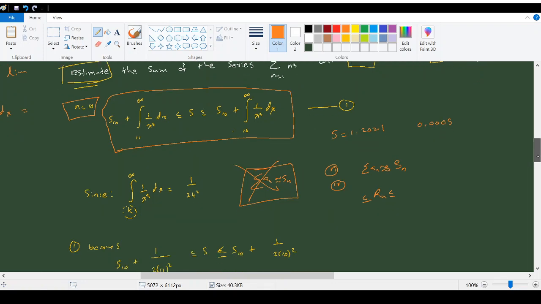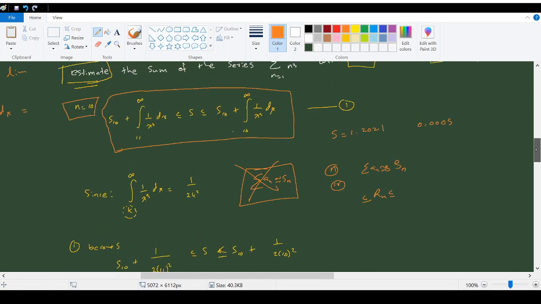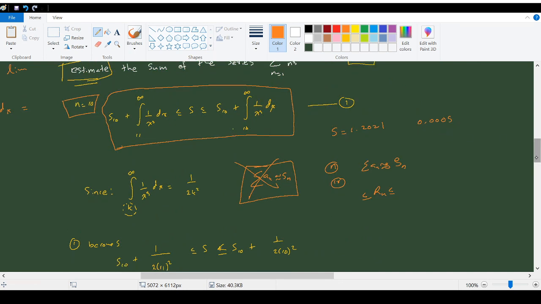Now from this calculation, it said that if we used 10 terms, then the error will be at most 0.0005. Okay, but we saw that in the previous problem, actually it was the second part of the previous problem, when we use this relationship, in order to get this accuracy, we needed 32 terms, right?